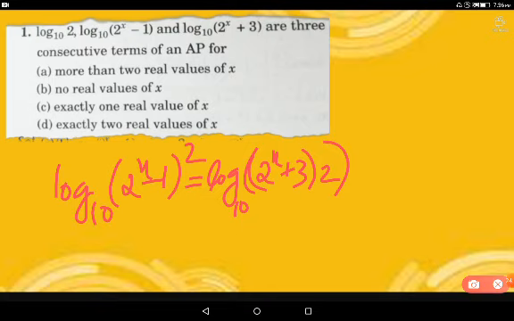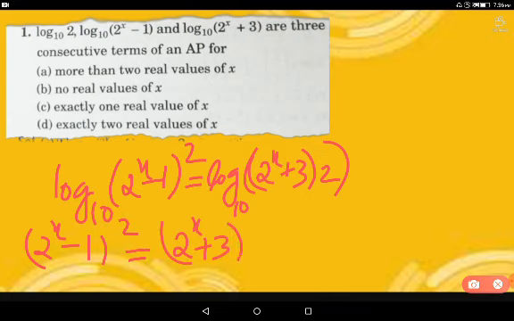like this. Now take exponential on both sides, so that we will get 2 raised to x minus 1 the whole square is equal to 2 raised to x plus 3 into 2. That's what we will get.